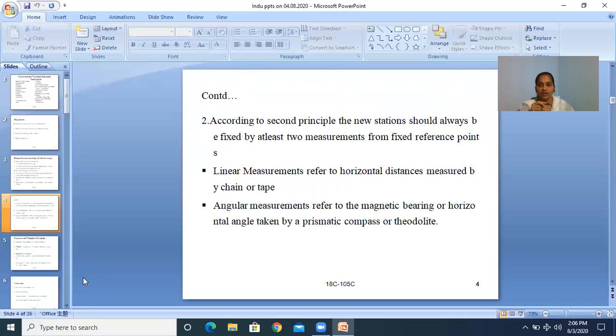Fixing points. By taking reference points, we are fixing 2 lines. Linear measurements refer to horizontal distances measured by chain or tape. Angular measurements refer to the magnetic bearings or horizontal angles taken by a prismatic compass or theodolite.